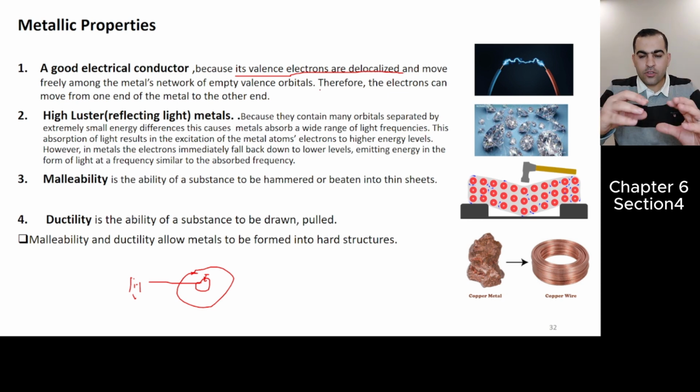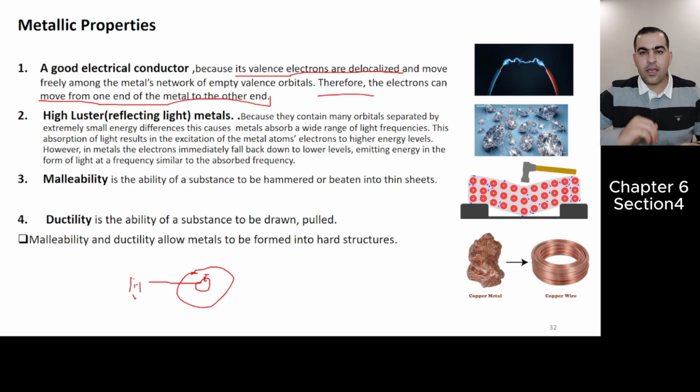So when the electrons are delocalized, they can move from one end of the metal to the other end. This means the electrons are free, so now they can carry electrical currents.